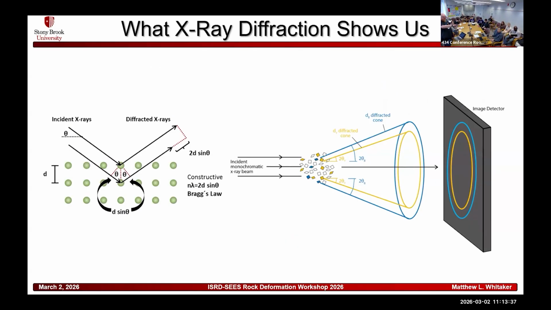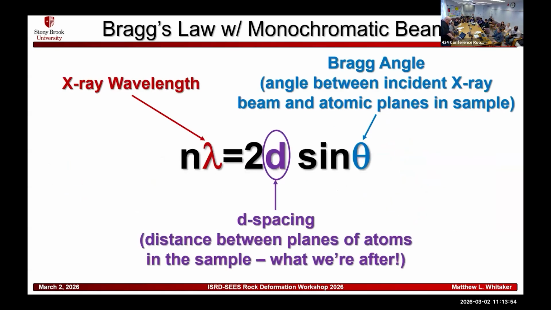But we have, in this case, the X-ray beam coming in from the left. It's hitting a polycrystalline sample that is randomly oriented, and it causes those diffraction cones to come off, which are then collected on a flat detector there and show up as circles. So in a monochromatic experiment, the wavelength is fixed or known, and we're measuring the theta.